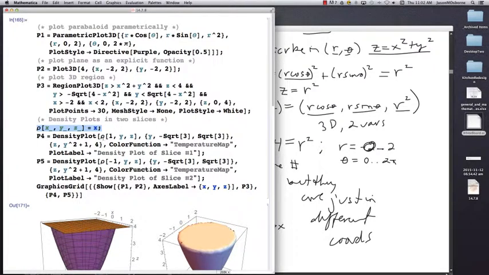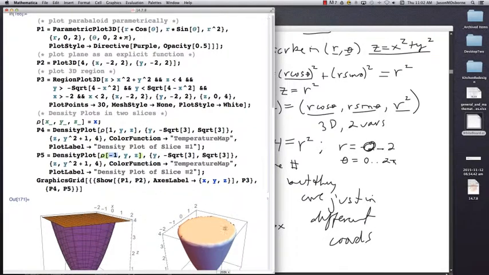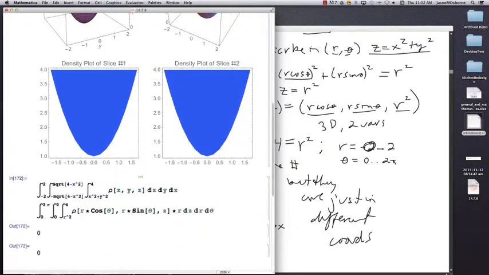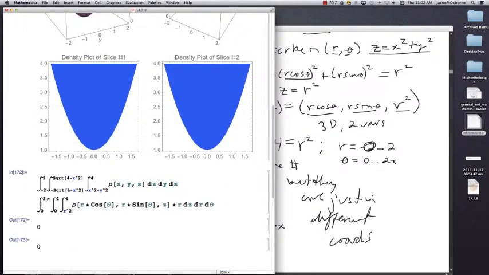I've defined my density function, and then I've done a density plot when x is equal to 1 and x is equal to negative 1. Clearly we can change slices in the x direction if we want, or you can plot different slices if you choose.